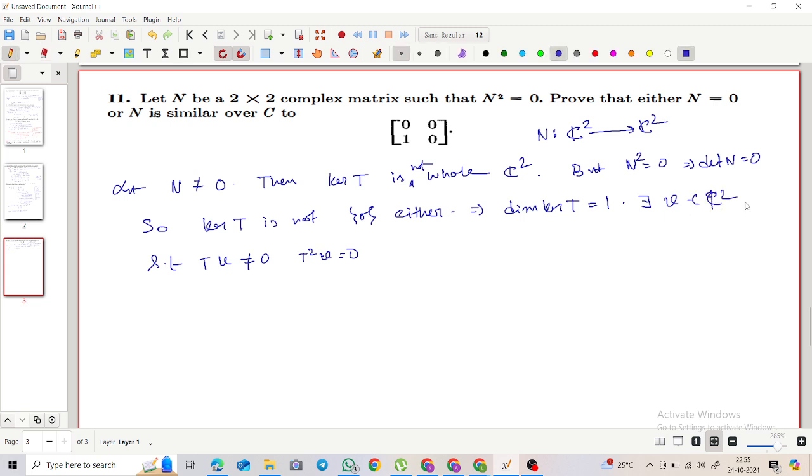I have taken this V outside of the kernel. So NV is not 0, but N square V is of course 0, because N square is 0. So NV is in the kernel.